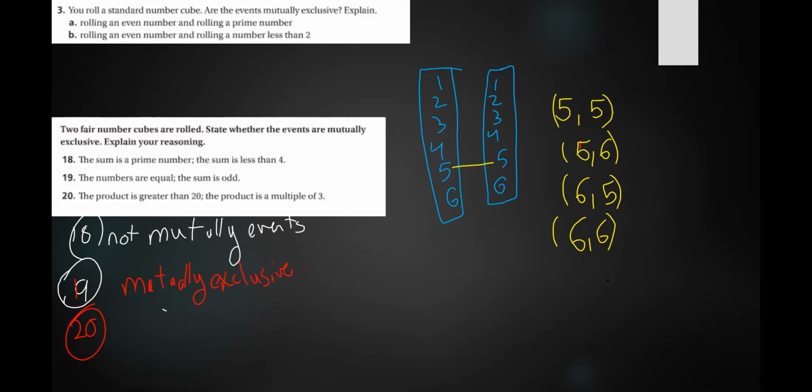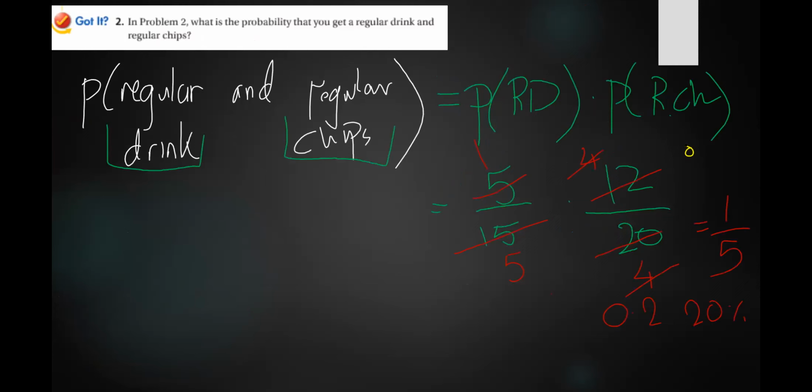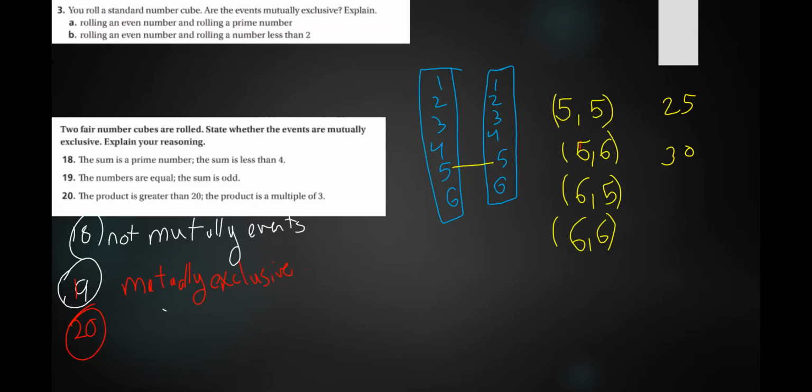Okay. Now, the product is a multiple of 3. What does it mean? Here we have 25, here we have 30, here we have 36, and we can have 6 and 4.